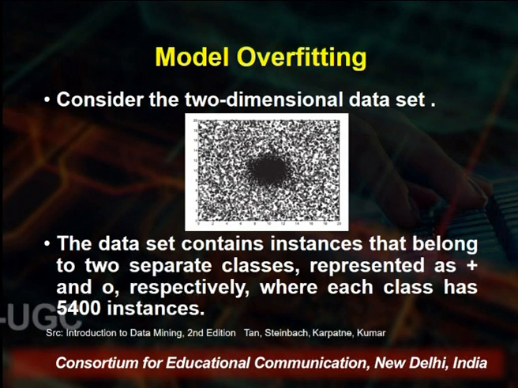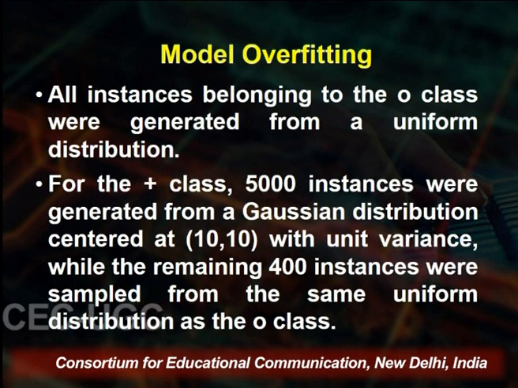Now what we see here is a two-dimensional graph which we have plotted. All instances which belong to the class O are generated using a uniform distribution, and the instances of the class plus we generated using the Gaussian method.